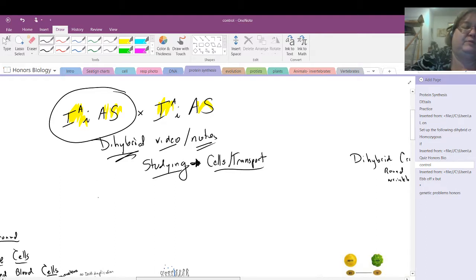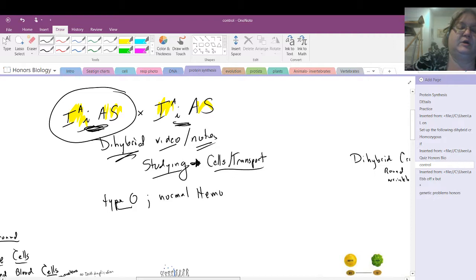What would be the probability, if we had a man and a woman who have a child, and this would be the dad, this would be the mom, what would be the chance of having a child that is type O and completely normal, no sickle at all, completely normal hemoglobin?